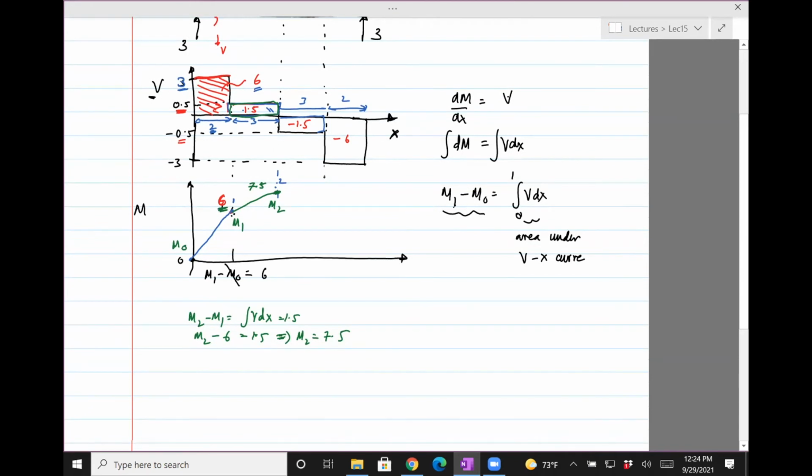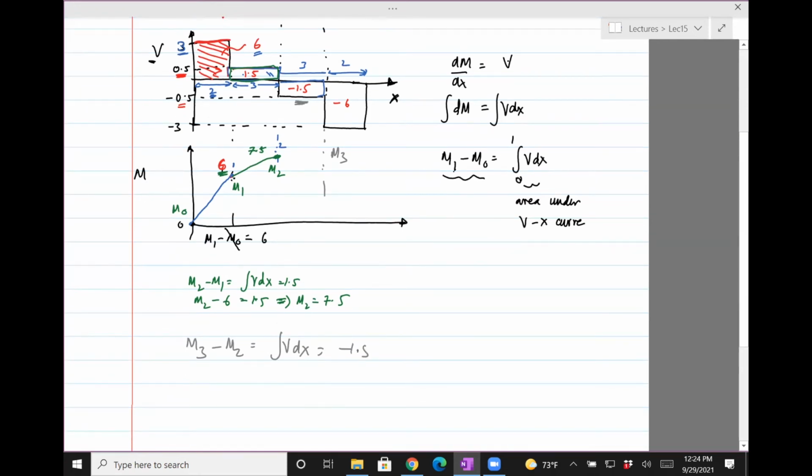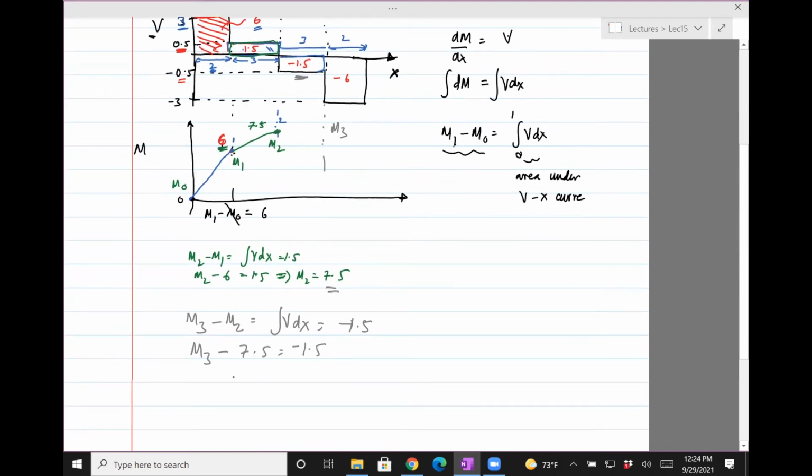So let's just do that for the next one. We need to find the moment here, m3. So m3 minus m2 equals v dx, but v dx is the area here, which is now negative. So m3 minus m2, m2 we found to be 7.5, equals minus 1.5, and so m3 is 6.